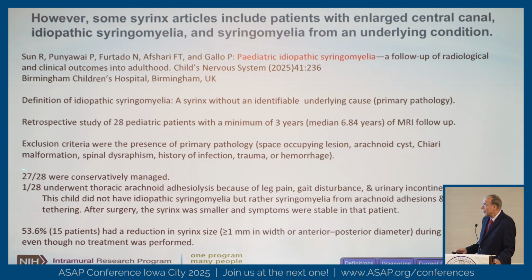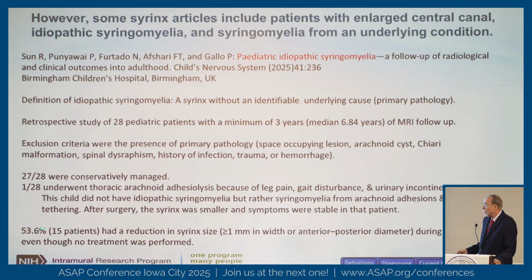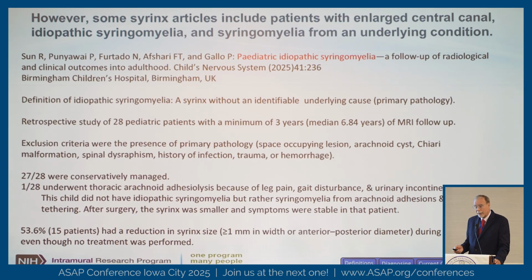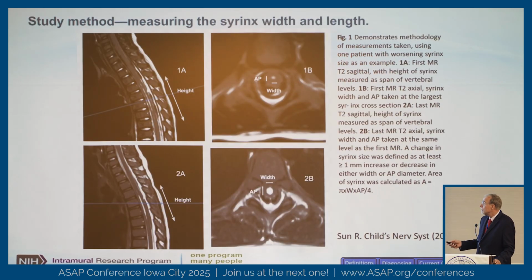But anyways, call these syrinxes, call them dilated central canals. They said that a lot of the patients had a reduction in syrinx size during follow-up, even though they didn't perform any treatment. So the syrinxes weren't very large.